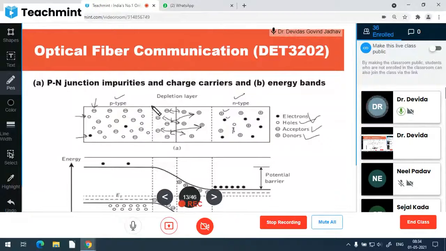This makes the region electrically insulating by avoiding further transfer of charge particles from N region to P and P region to N. This stops the recombination of charge particles, and hence this region forms a sandwich of non-conducting region in between two conducting regions. This is called the depletion layer.